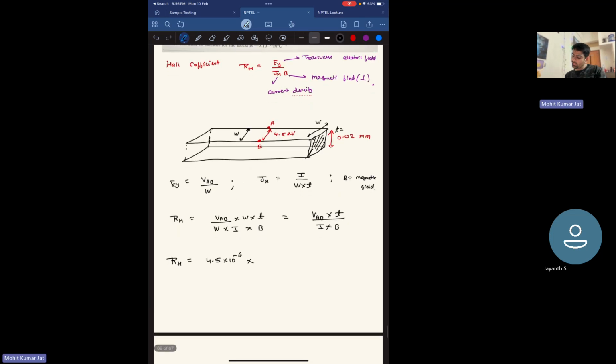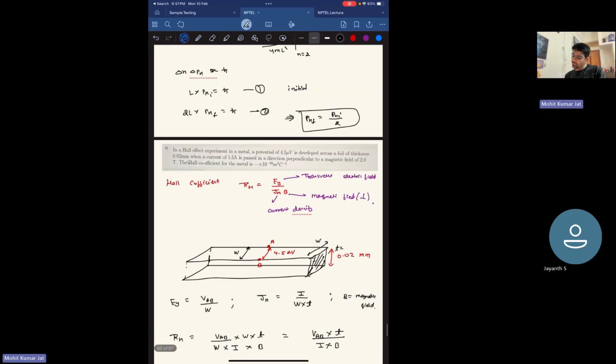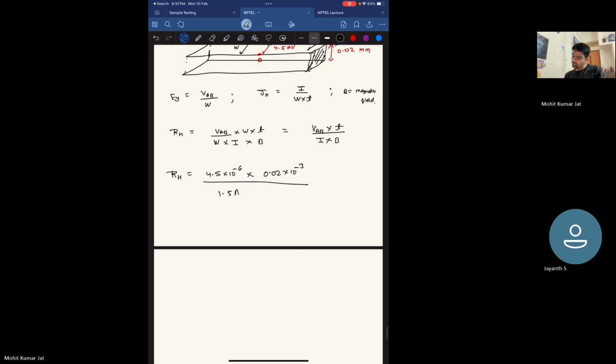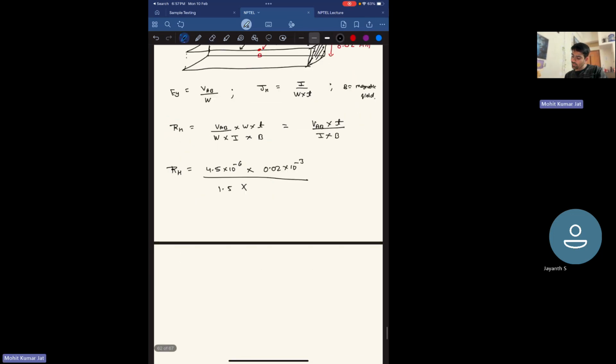T is thickness, that is 0.02 into 10 power minus 3 meter. Current is given as 1.5 amperes, and B magnetic field is 2 Tesla.